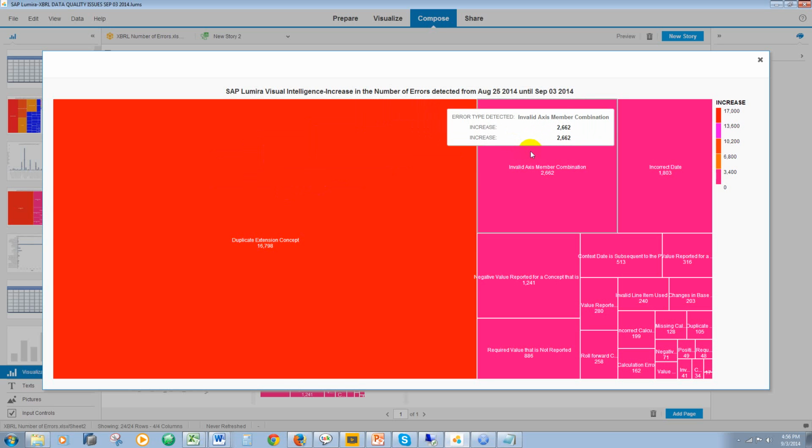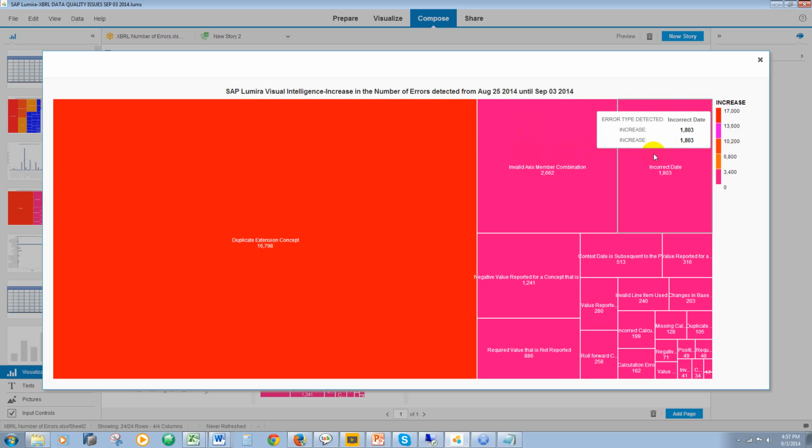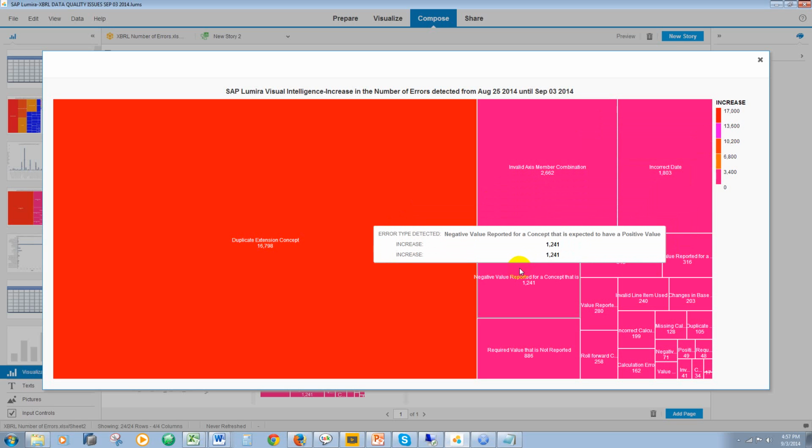And then we find another major increase in the number of errors due to invalid axis member combination. That's 2662 from last week, that is August 25th. And then the incorrect date has also increased by 1803 from August 25th, 2014. Then negative value reported for a concept that is expected to have a positive value, that's a serious error, and there has been an increase of 1241 from last week.